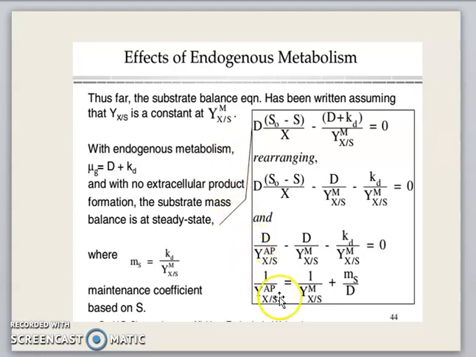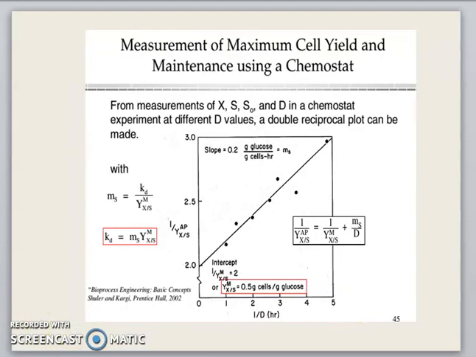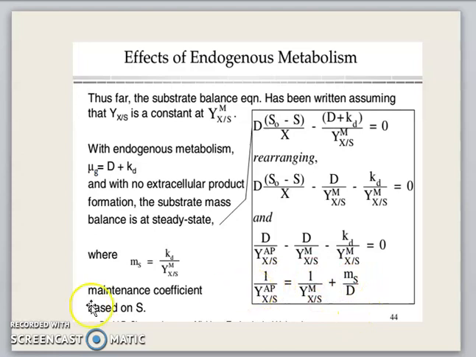The box here shows the derivation of the equation to arrive at the final linear equation: 1 over Y xs apparent equals 1 over Y m xs plus ms over D. Then you can have this type of plot based on the linear equation.